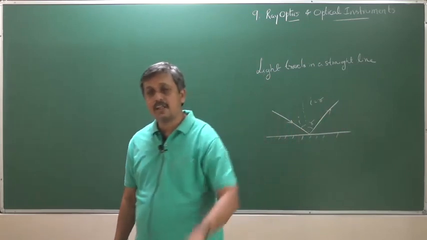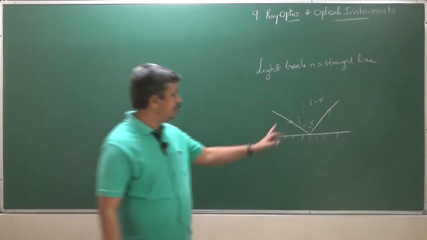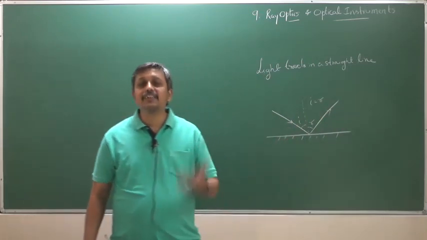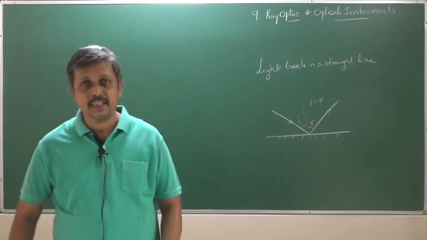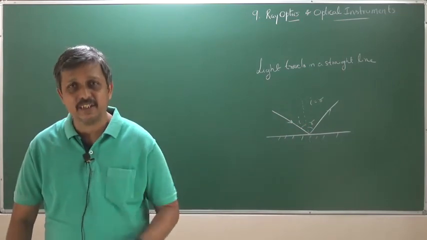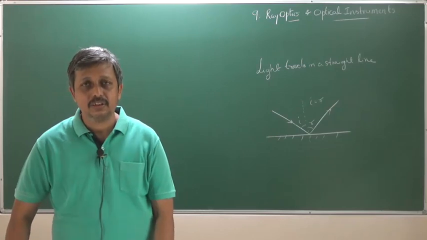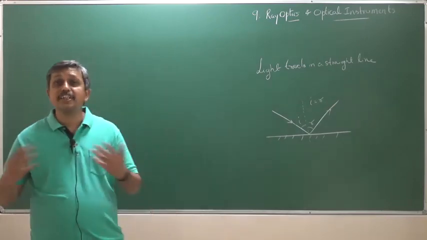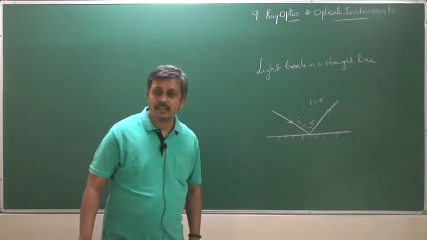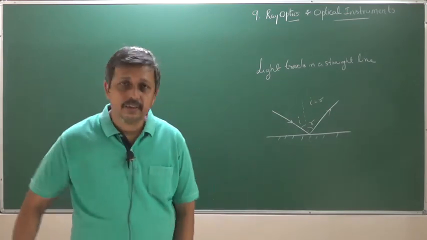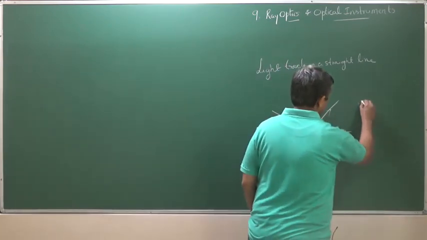That is the first law. The second law is that these two angles are equal. This has been experimented on. We have seen that it happens, so this law is more from experience. These two are the laws of reflection. The first is about being on the same plane.